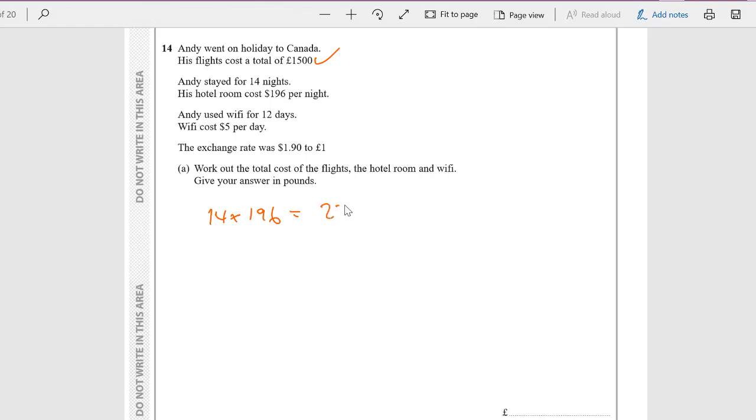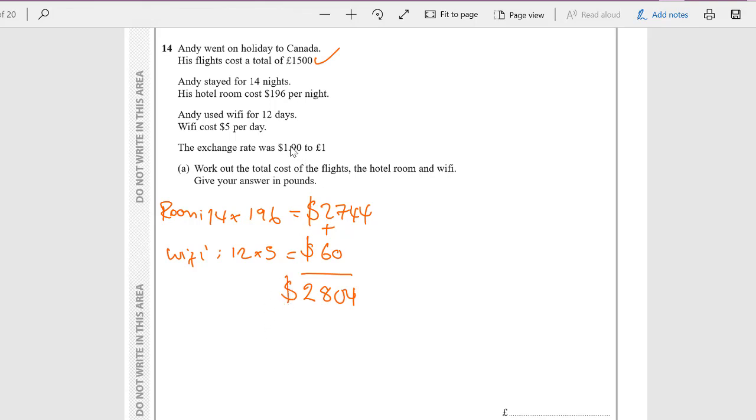You get $2,744, that's for the room. And then for the Wi-Fi, 12 times 5 gives you $60. If we add that up together, we get $2,804.